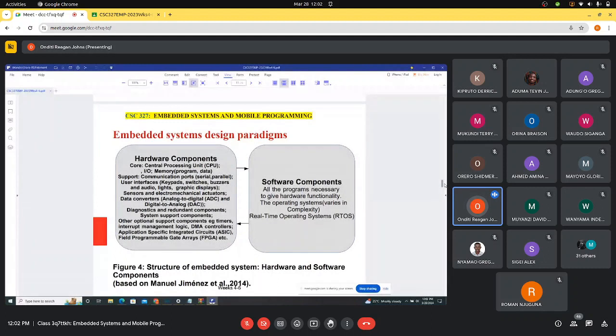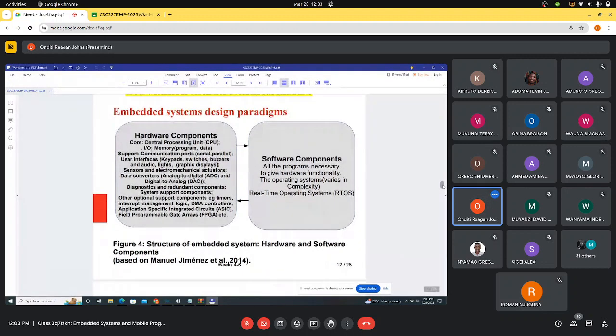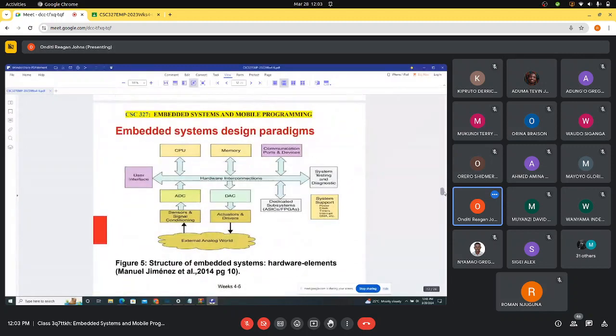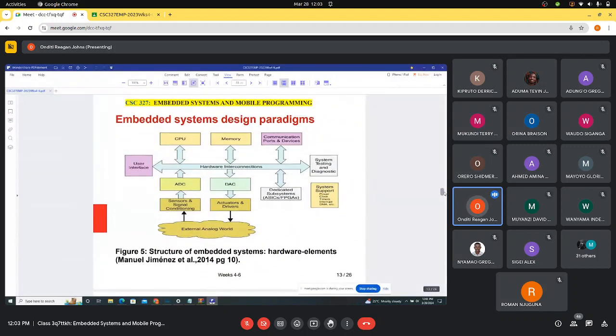As we were seeing the different types of embedded system in our last class, we did talk about the real-time Arduino or the real-time microcontrollers. So the real-time microcontrollers would use what we call the RTOS. So that is the design of the embedded system.